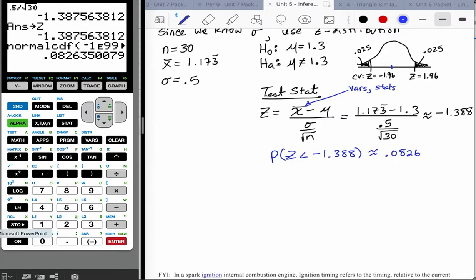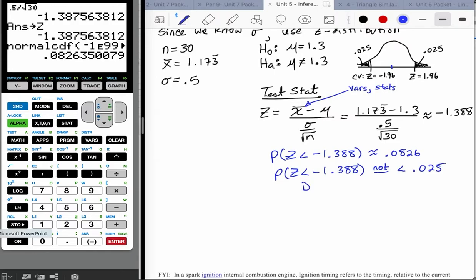So the question is: is this probability value less than alpha over 2? Because this is only giving you one side of the two-sided test. And it's not, because alpha over 2 is 0.025. So P(z less than negative 1.388) is not less than 0.025.